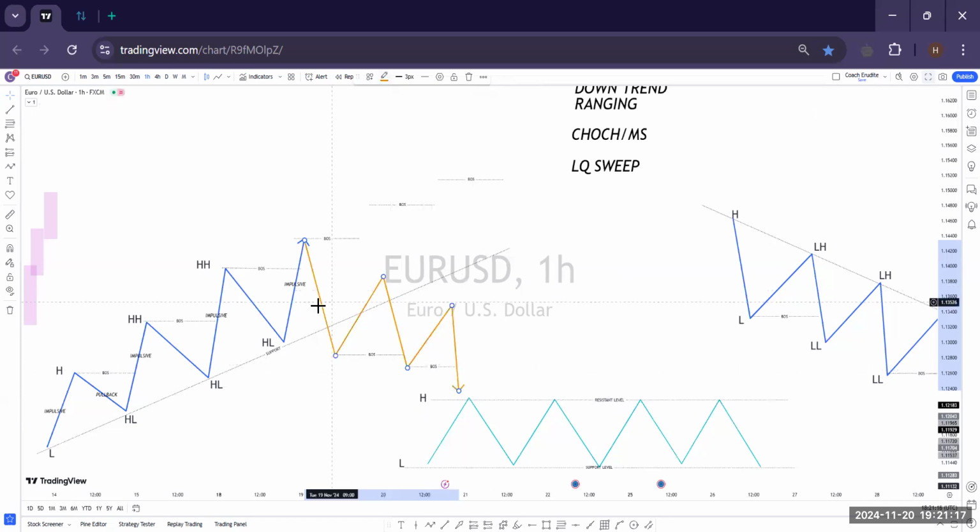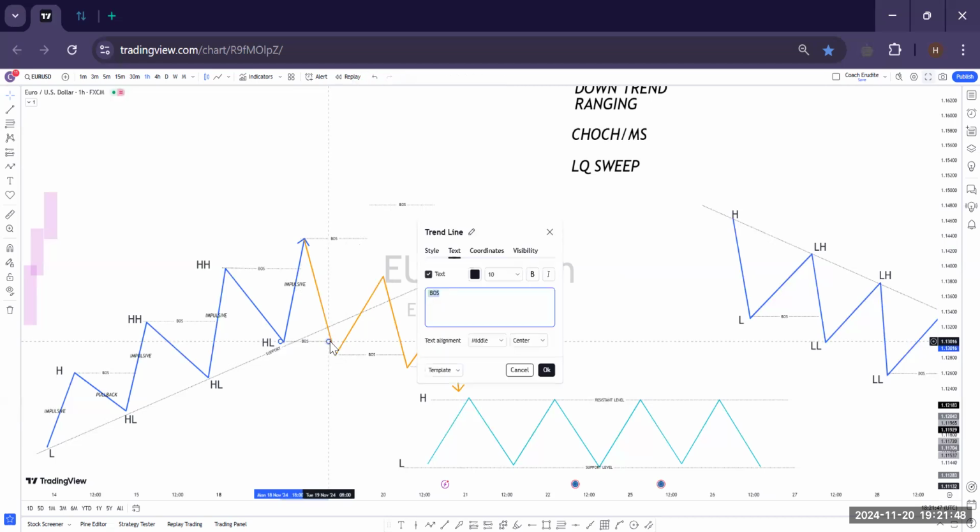Anytime price is moving in its original direction, and you see this, that is price breaking your higher low. Just write this down. Anytime you see price moving in its original direction, and you see price breaking your higher low, it's called a change of character or a change of direction.